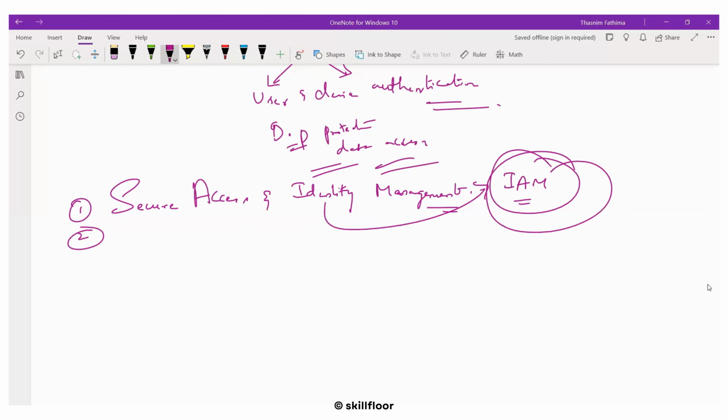Cloud providers offer multiple tools that allow individuals to manage authentication as well as permissions, so that individuals can create individual user accounts with IAM instead of sharing credentials, which helps with access auditing and revocation. Further, we also have multi-factor authentication on all accounts, which adds an extra layer of verification. Also, to secure access, we can regularly review the permissions and remove unnecessary permissions. This is very important.